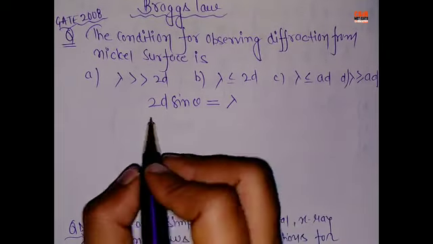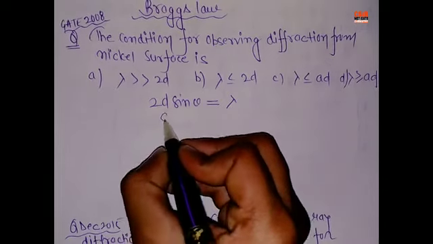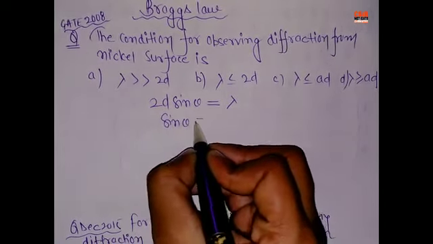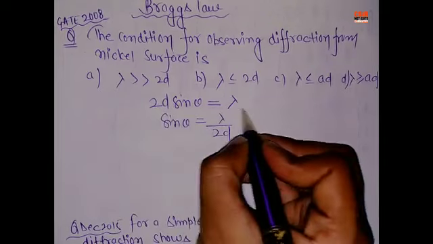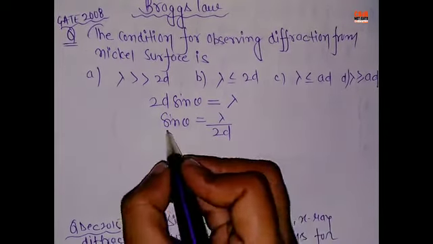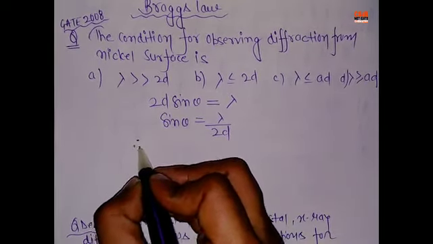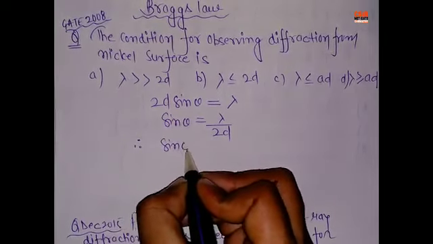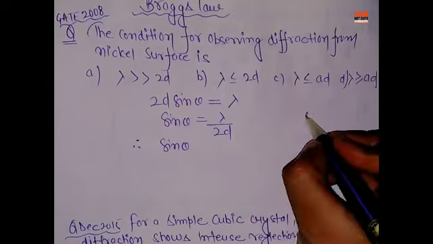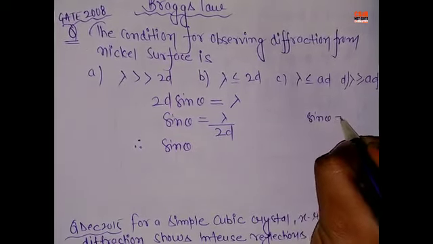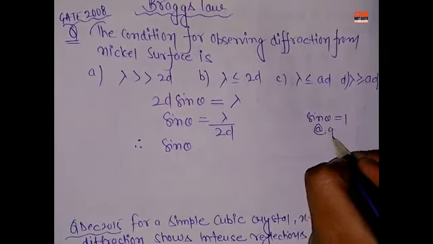So now you can see that sine theta equals lambda upon 2d. This 2d comes in the denominator, and we know that the maximum value of sine theta is 1, since sine 90 equals 1.